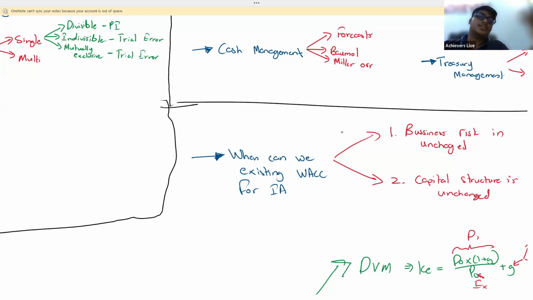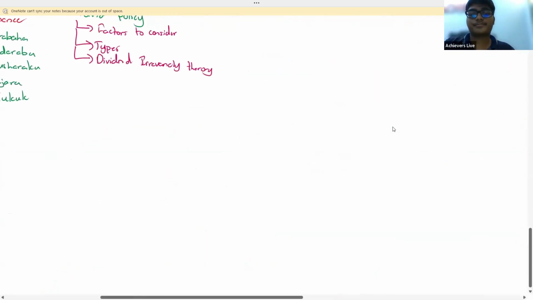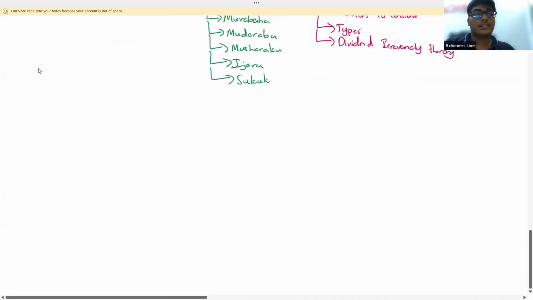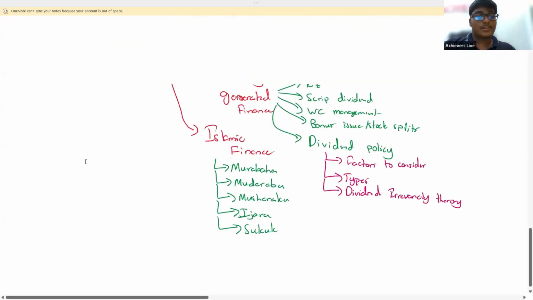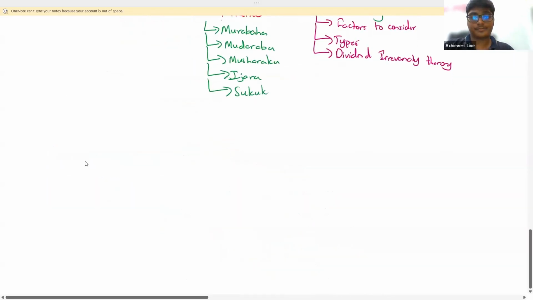If the business risk is changing, if the capital structure is changing. Second point is if the gearing is not changing, if the capital structure is not changing.